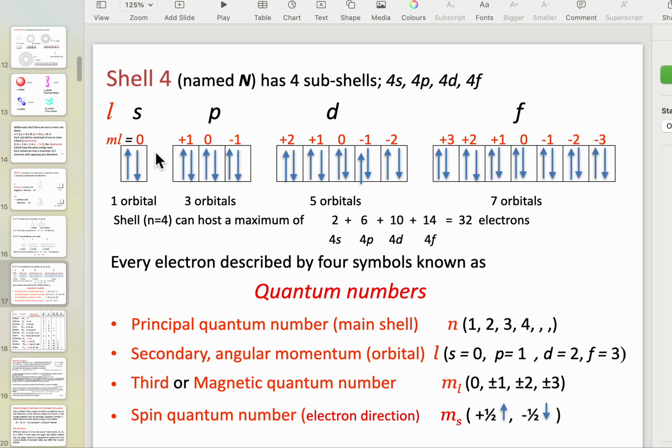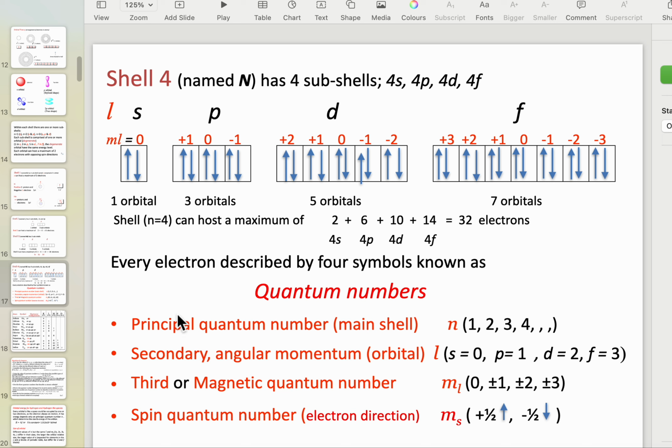So this is S, 1 block, P, 3 blocks, D, 5 blocks, F, 7 blocks. S can take a maximum of 2 electrons, in opposite directions. P can take 6. D can take 10. F takes 14. Why? Because there are 7 suborbitals, and 7 times 2 is 14 electrons.